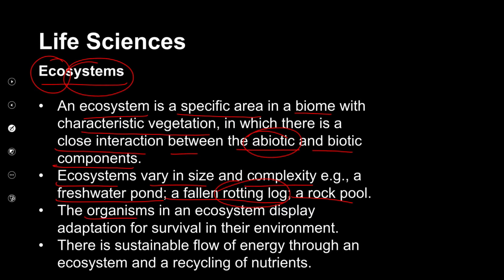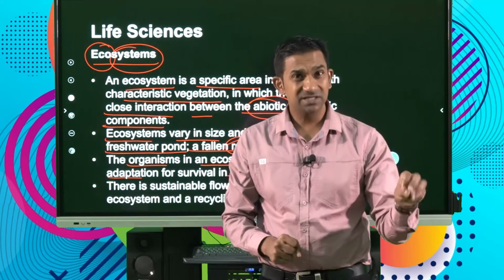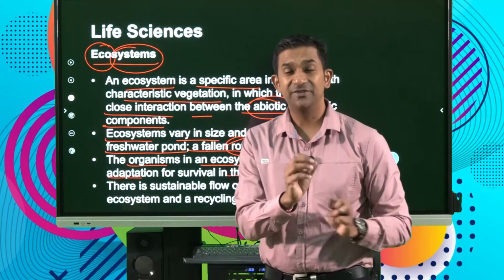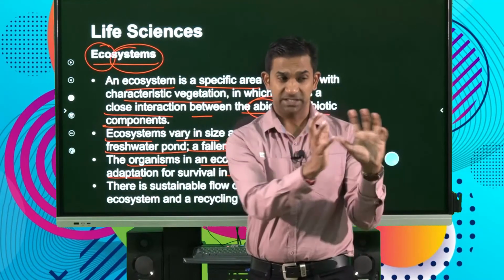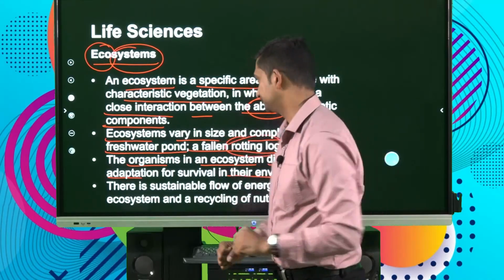The organisms in an ecosystem display adaptations for survival in that unique environment. It's also important that we recognize that in a biome, you have organisms adapted to living in those specific conditions, and that is what defines a biome. It's the ecosystems that have unique adaptations within them.